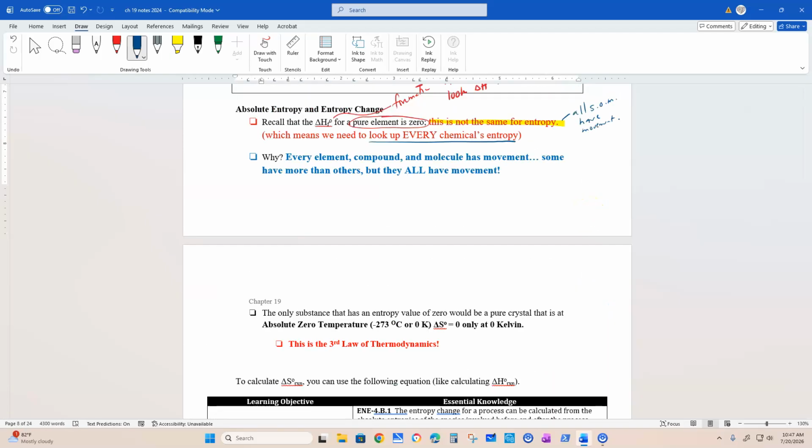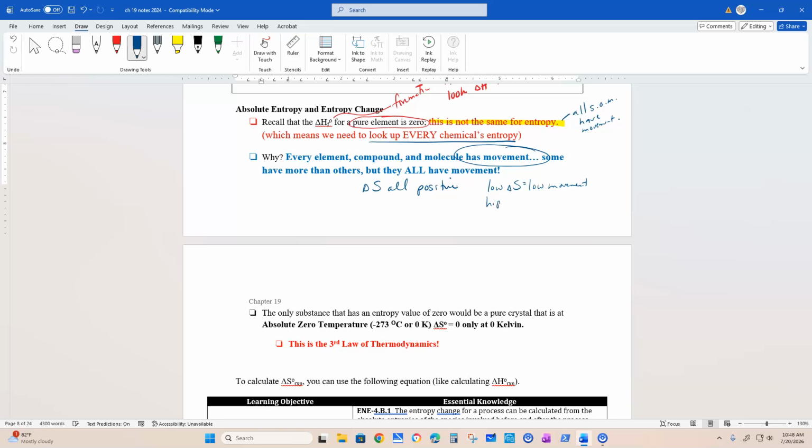Okay? So let's get back to it. Every chemical compound, every molecule, they all have movement. Some have more than others, but they all have movement. So all of these delta S values should all be positive, okay? Because everybody has movement. Every state of matter, doesn't matter the compound, it all has movement. Just some are higher than others. So when you see low delta S values, they have low movement, so probably like solids.